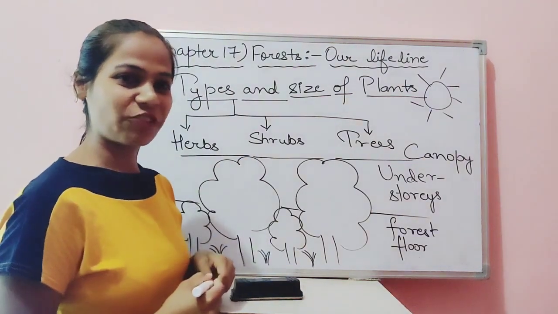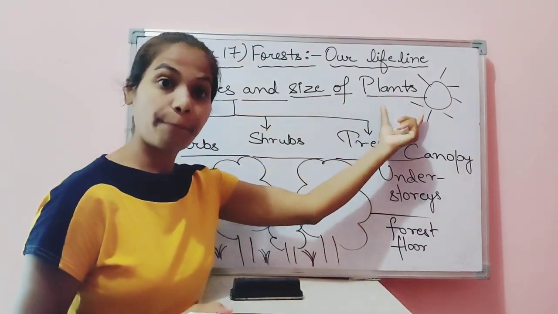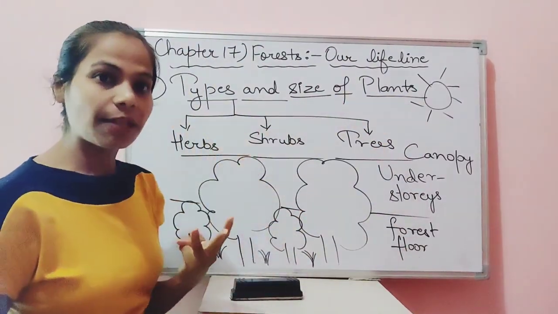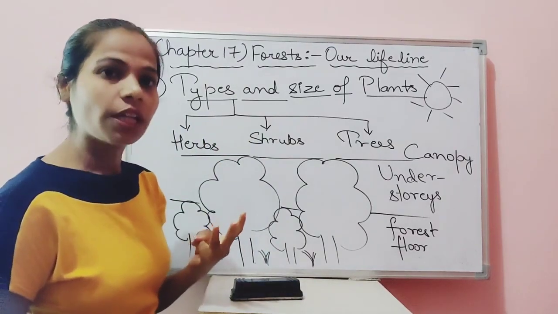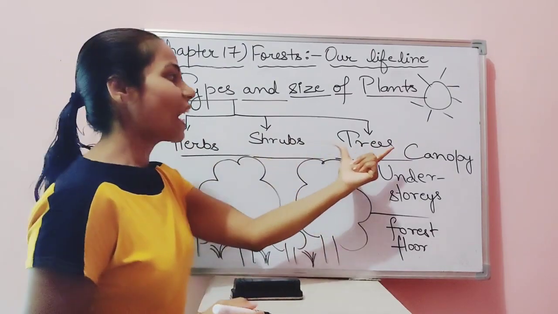Hello children, starting with the first topic, types and size of plants. There are mainly 3 types of plants found in nature: herbs, shrubs and trees.